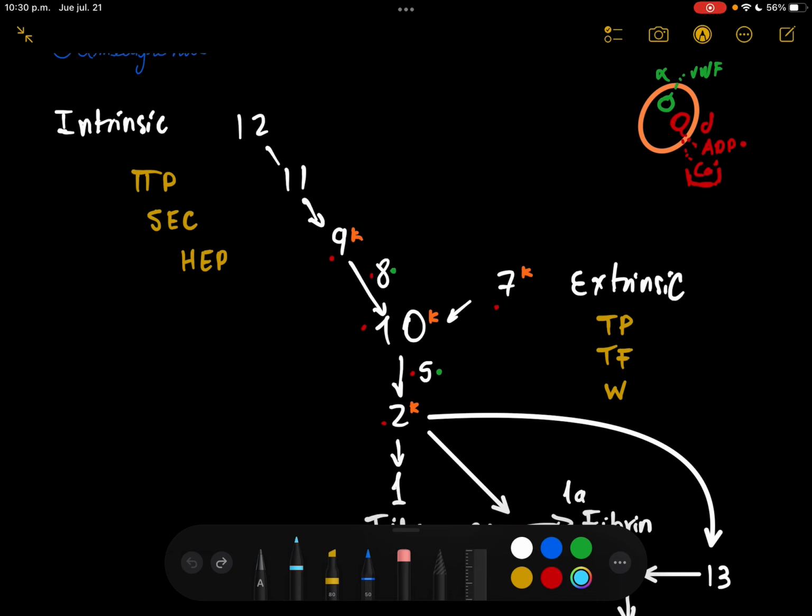We have a physiological control with some proteins that we're going to call protein C and protein S. And these two proteins are activated by thrombin. Thrombin is the factor 2 active. What's factor 2 inactive?